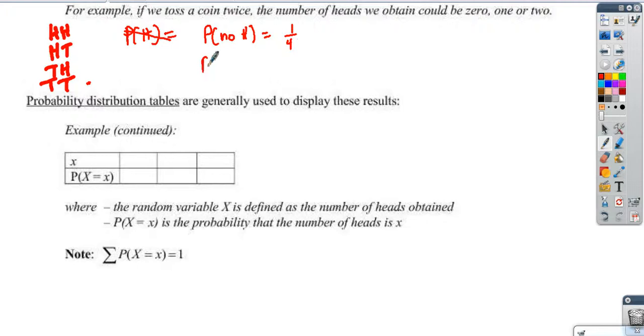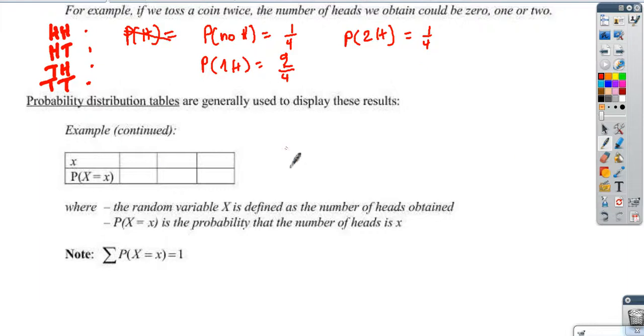The probability of 1 head will correspond to either this one or that one. So the probability is 2/4. And the probability of 2 heads corresponds to this outcome, so that would be 1/4 again.